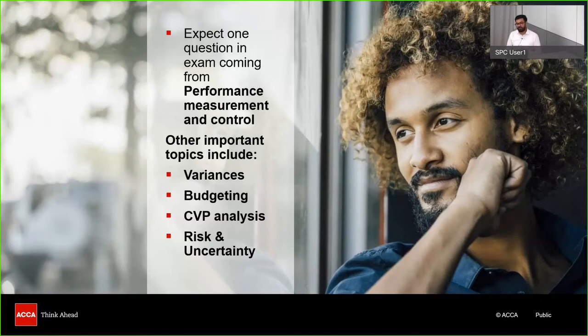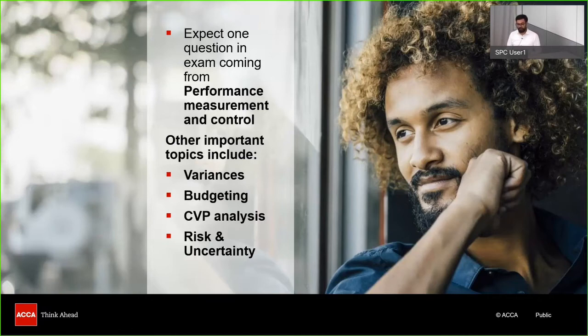What else could be tested in section C? The second question can be again any syllabus area except costing, but it could be a variance question. If you get a variance question in exam, then you should pass the exam, because variances are straightforward. You have 10, 12 marks numerical calculation followed by some analysis on it, which is also quite straightforward.